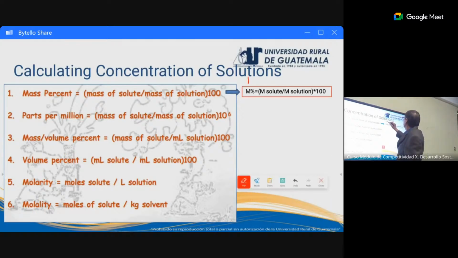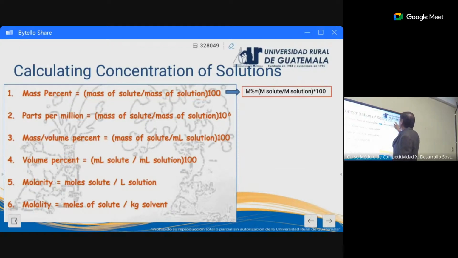Mass percent, we're going to represent this with an M, this symbol here, percent. That will be mass absolute that we're going to write down like this one, divided by mass of solution, M solution here, and then multiply by 100. Okay, so we're going to use this formula here.